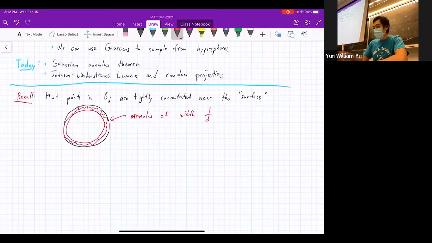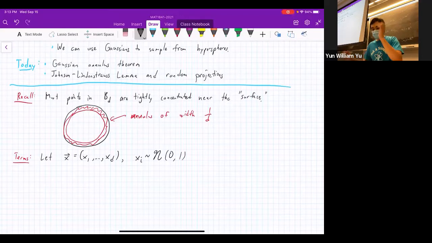First we need to define a spherical Gaussian. So let's be very clear in what we're talking about. We're going to let x be a random variable, which is a d-dimensional vector, and each of our xi's is going to be a normal random variable with mean 0 and variance 1, IID.